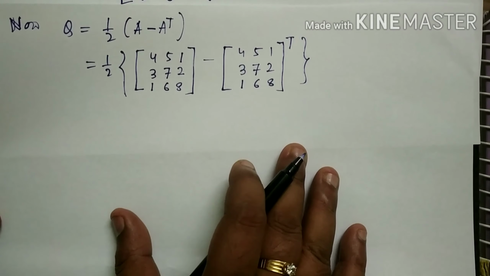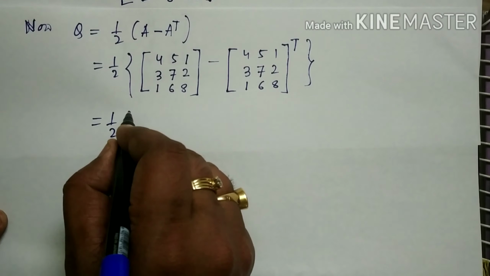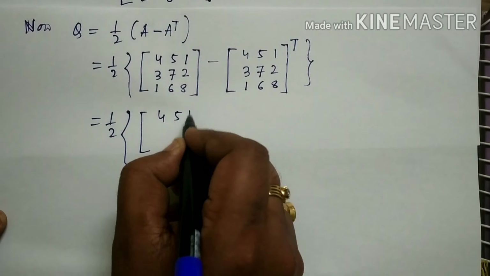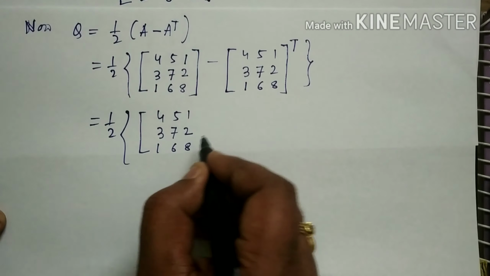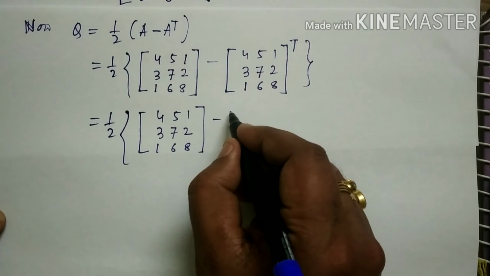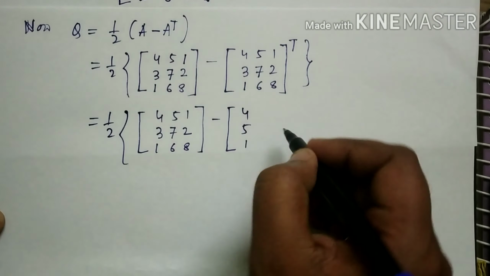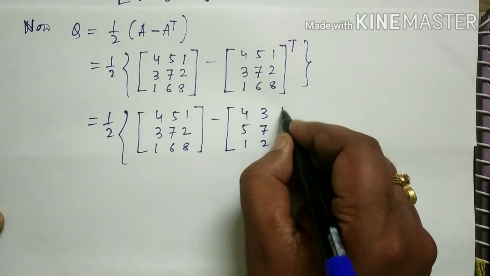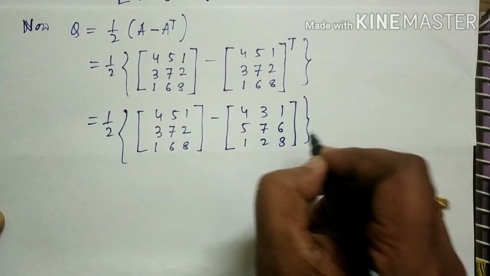Okay, so half [4 5 1; 3 7 2; 1 6 8] minus the transpose of the matrix, that is 4 5 1 first column, 3 7 2 second column, 1 6 8 third column.